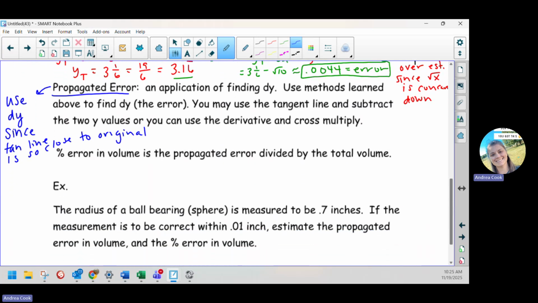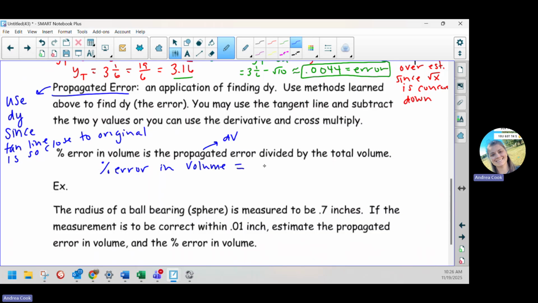Another thing that will come up is that the percent error in volume is the propagated error divided by total volume. So if I want percent error in volume, that is going to be the propagated error. So the propagated error in volume means dv, because like I said, dy, y is the function, whatever you're finding.